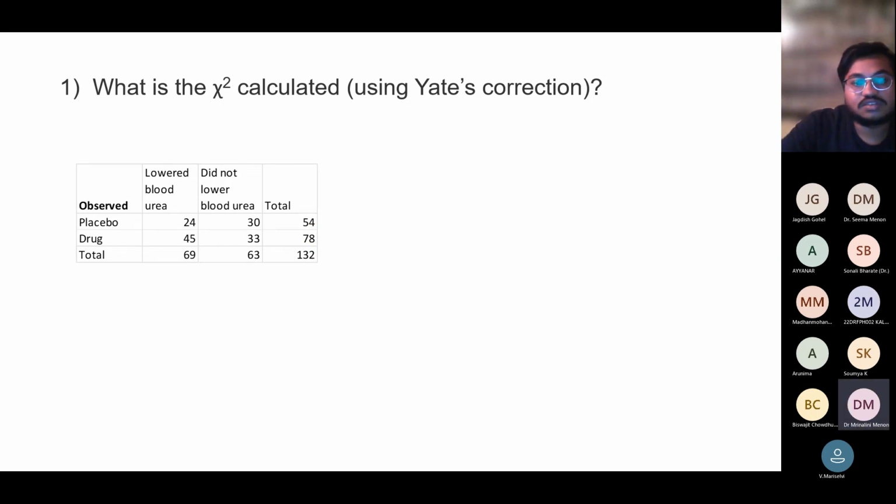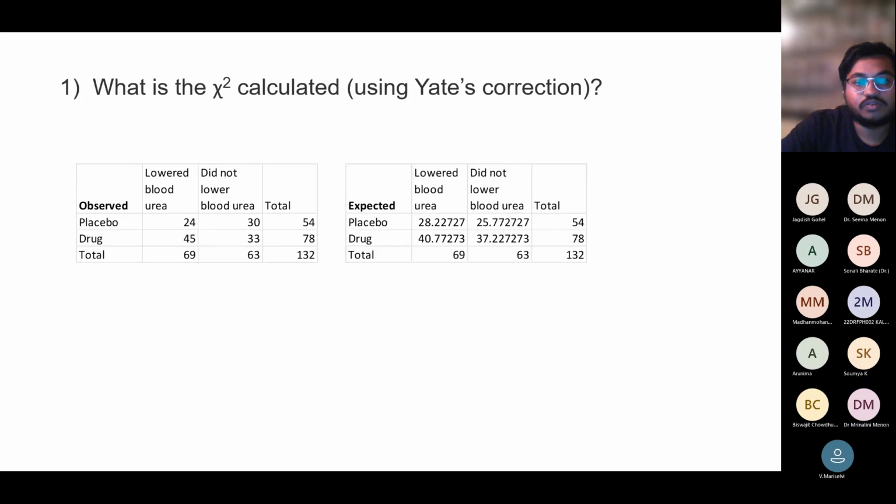Since we are not given any expected values, using these total values we have to calculate the expected value for all of the cells in the table. For this cell, we calculate 69 divided by 132 multiplied by 54. So it's 69 divided by the total 132.